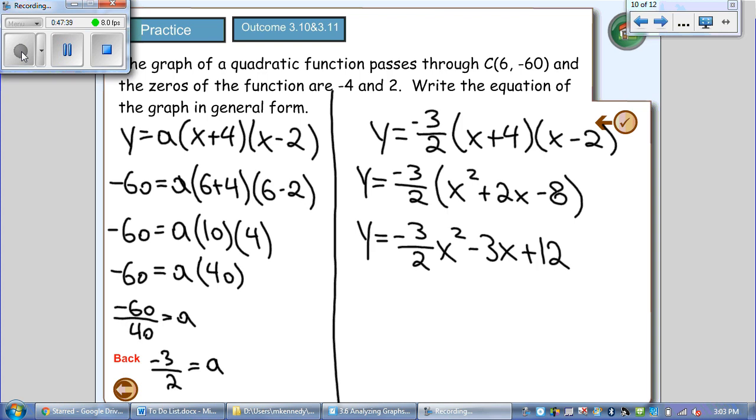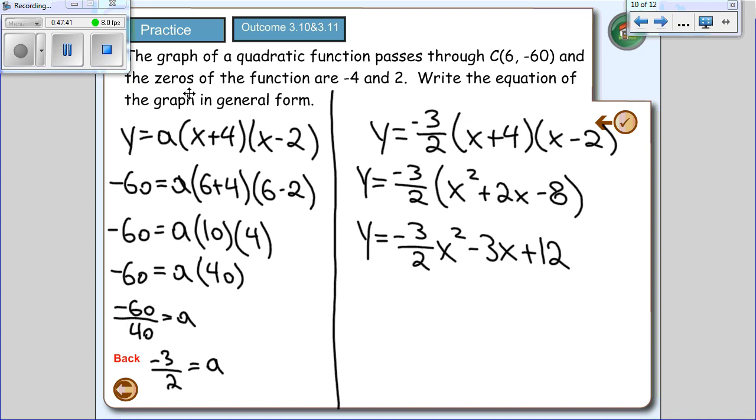The only way you can find a variable is if there's only one variable, which means we need to change x to something, we need to change y to something. To change our x and our y to actual values, we use the given point. 6 comma -60. We plug those values in, and then we solve.